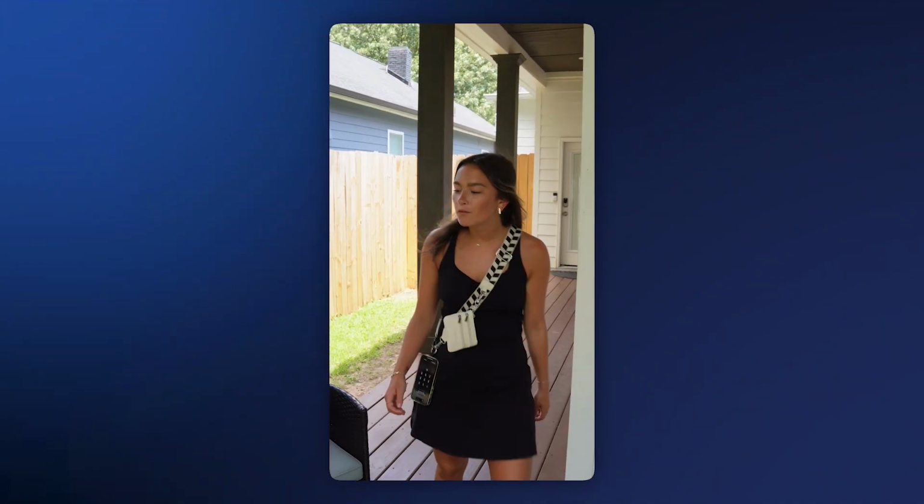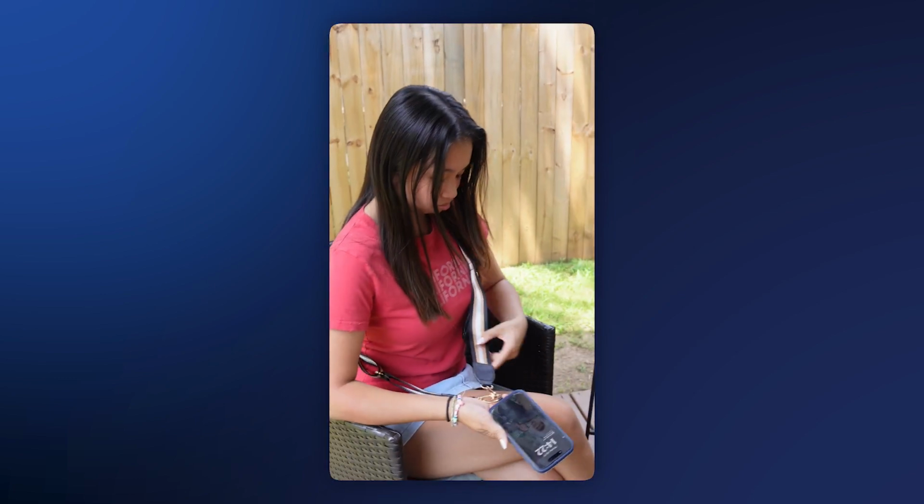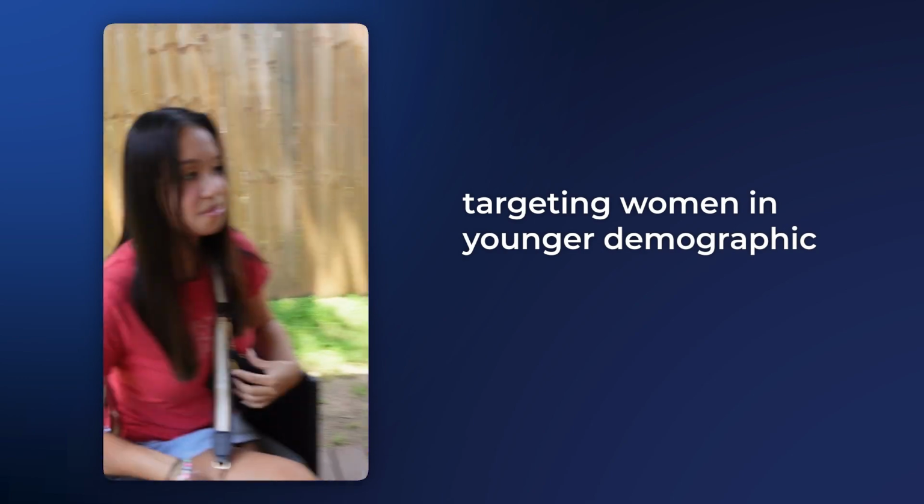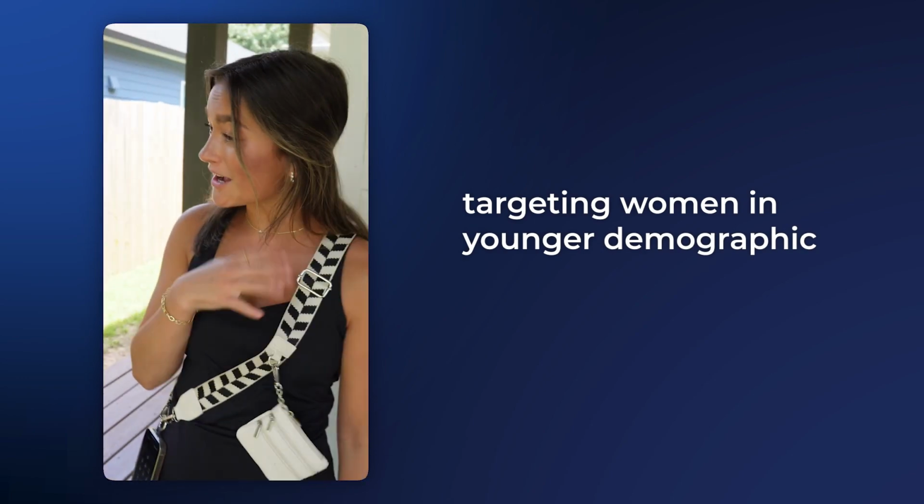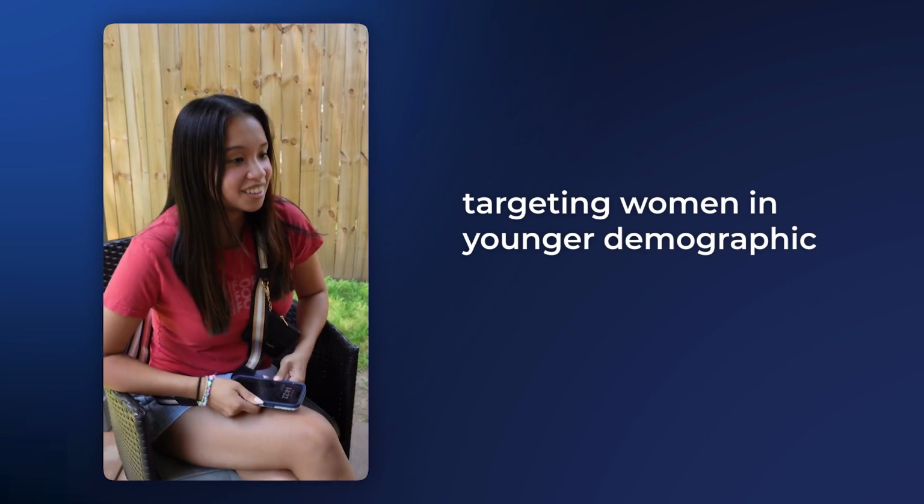And also nowadays, the way to really test is through your content. If you're showing a 20-year-old girl in the videos you're running ads on, the likelihood is that it's going to target women, probably in a younger demographic, because the girl is also younger.